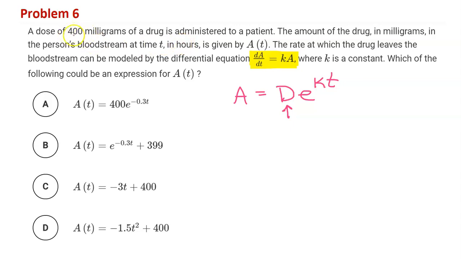They told us that we are starting with 400 milligrams of the drug. So that's D. So the equation becomes A is equal to 400 e to the kt. So let's compare this to the options and see which one is a fit. The answer is option A, where k is negative 0.3.